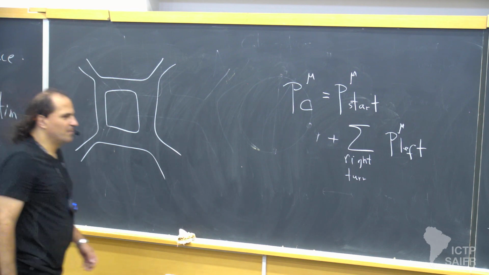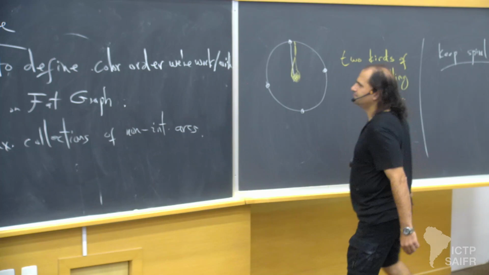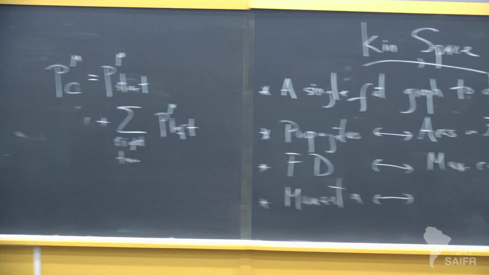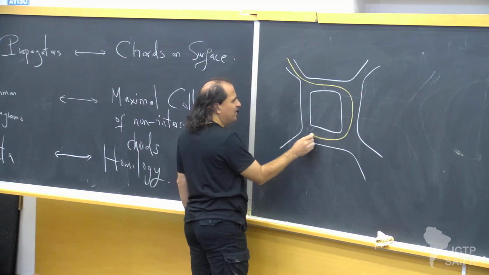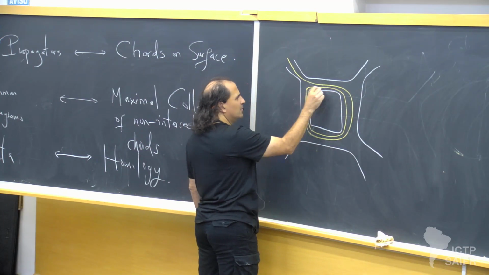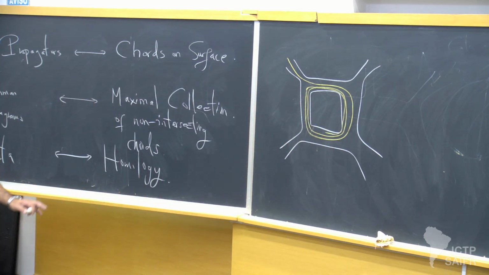Well, I'm coming in. All right, and I go around, there's just no place to go. So I'm just going to keep going forever. These curves that I'm drawing, I should have emphasized, are non-self-intersecting.